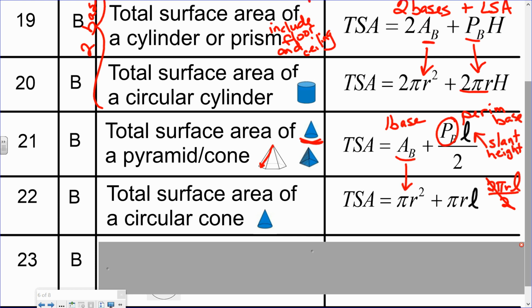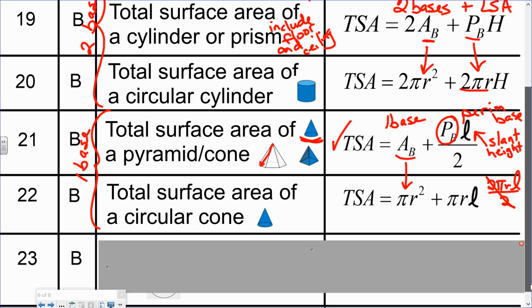And again, you don't have to memorize that formula separately. As long as you know this one, you can plug in what you know for circles to get the total surface area of a circular cone. So these have one base. That's what it means to be a cone or a pyramid.